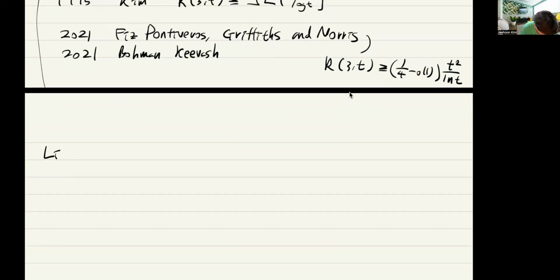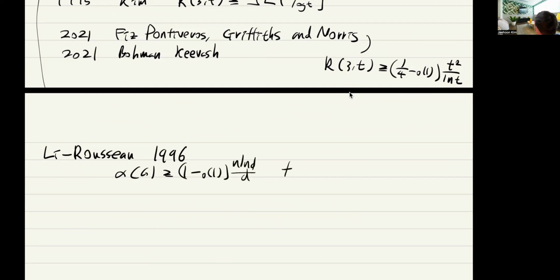And there are many such approaches. So Alon, Krivelevich and Sudakov in 1996 proved that the same bound holds for C4 free graphs.